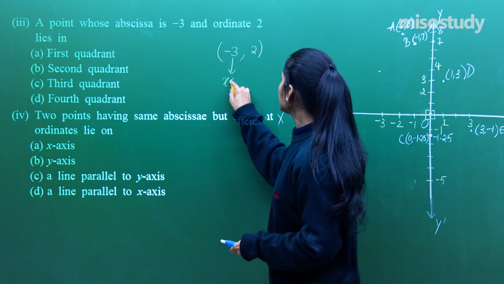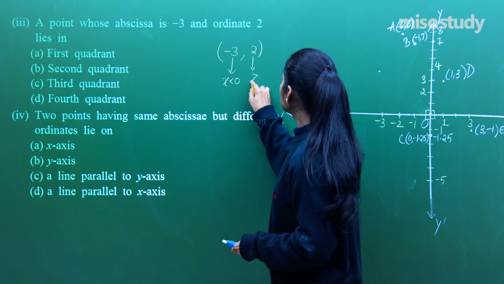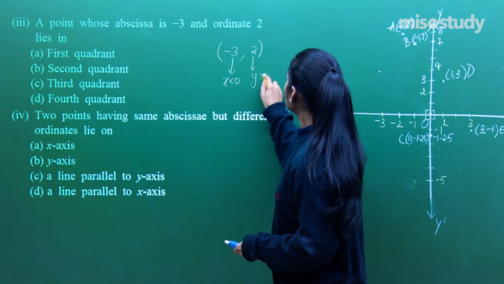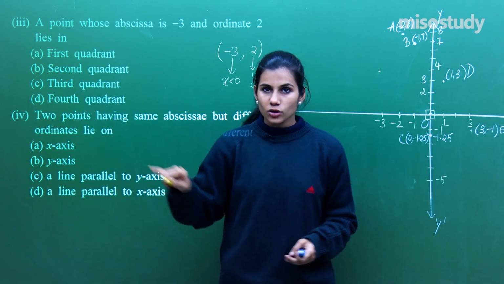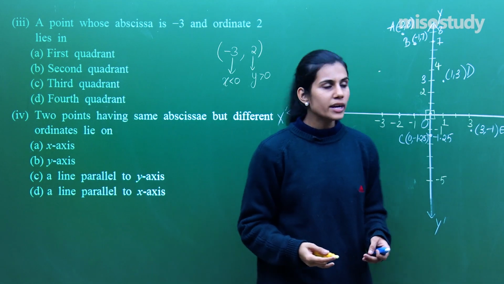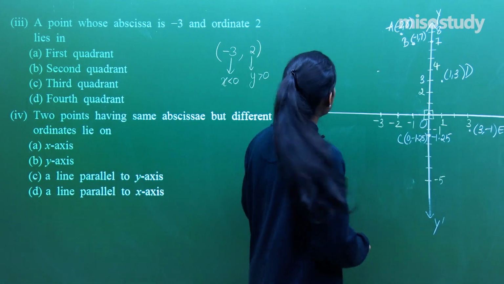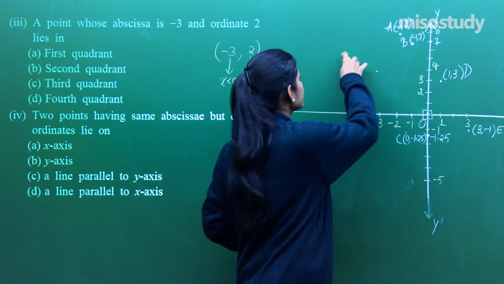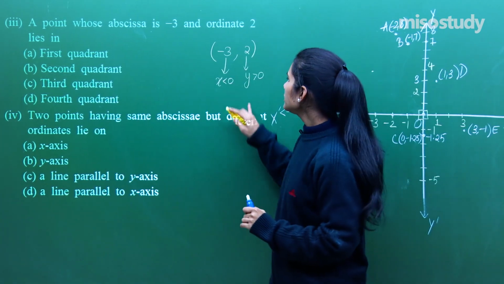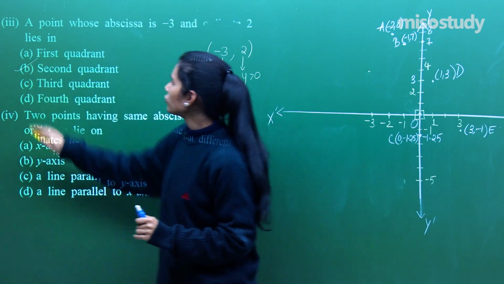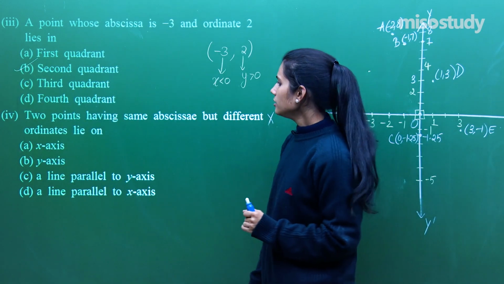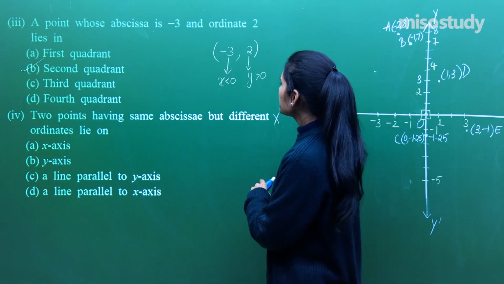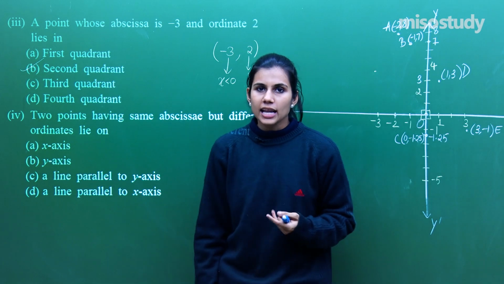X coordinate you can see is negative, y coordinate is positive. So that means what all is contributing to get the point? Negative x-axis and positive y-axis. So the quadrant will be x dash O y, that is the second quadrant. So the point is going to lie in the second quadrant. Clear?